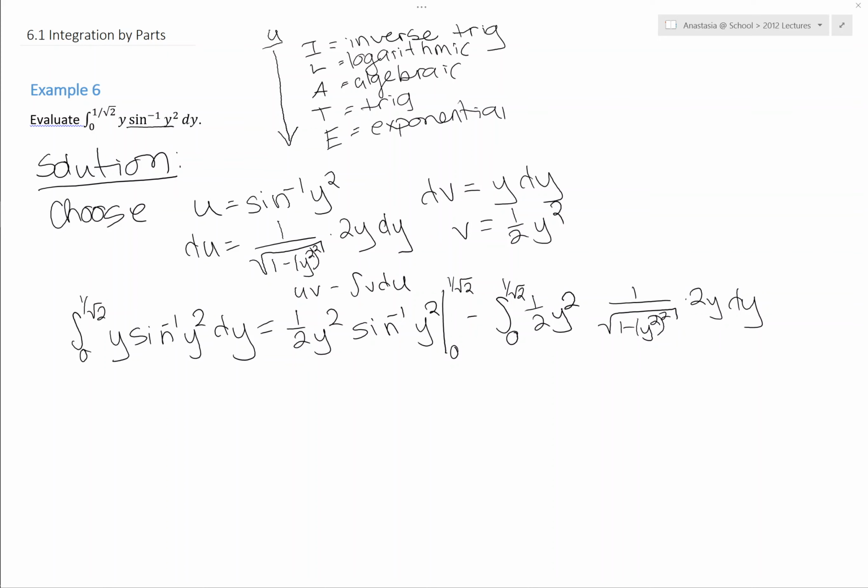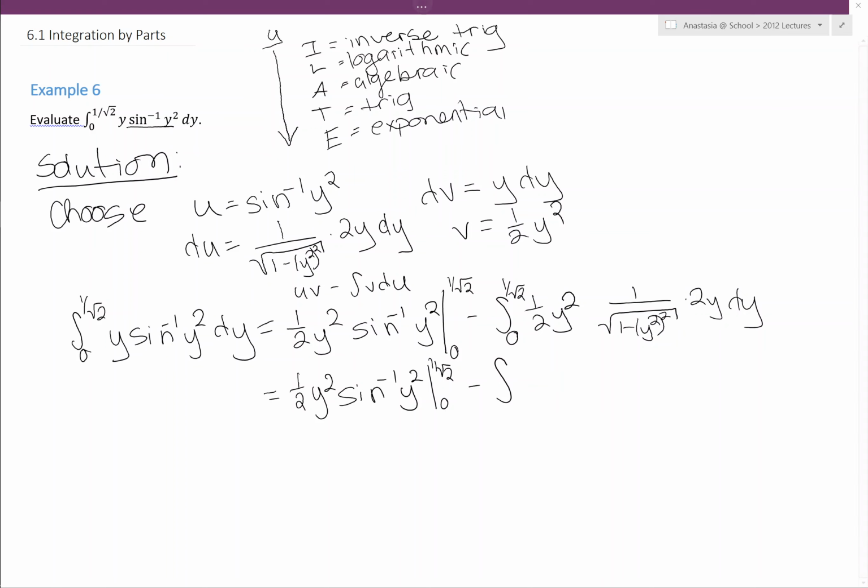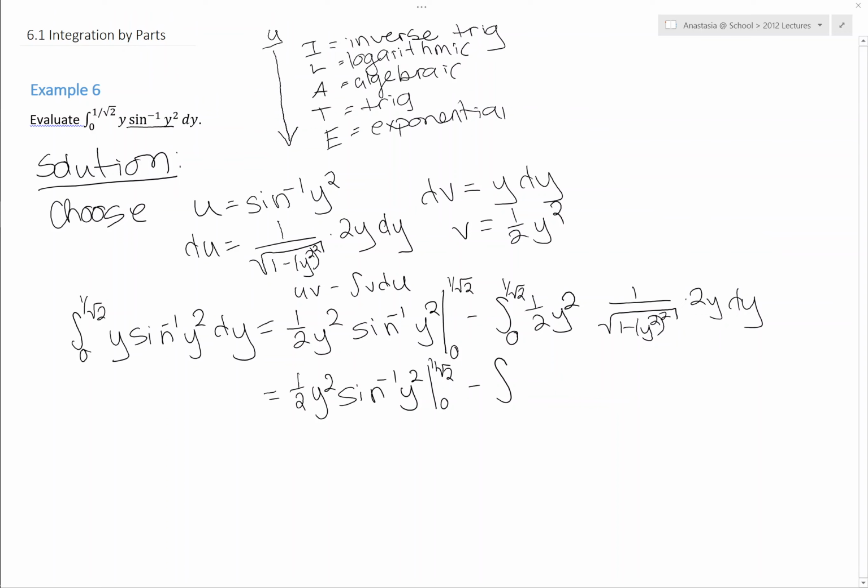Okay, so at least for now, let me just rewrite this first term, 1/2 y squared arc sine of y squared, to be evaluated at 0 and 1 over root 2. The integral, we're going to simplify. The 1/2s cancel, like so.